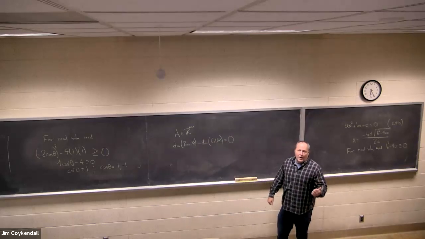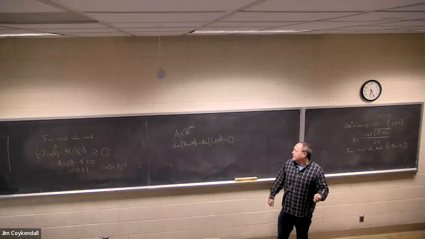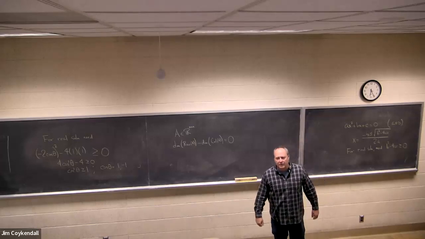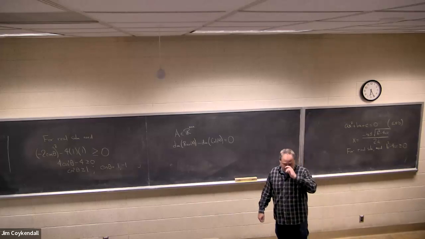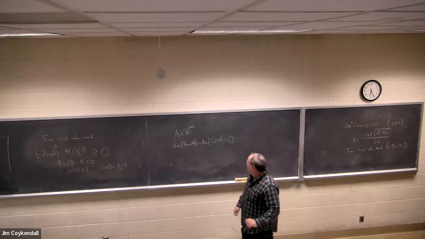Because the row rank and the column rank are the same, right? The number of linearly independent rows is equal to the number of linearly independent columns. In fact, for this one, you don't even really need a square matrix.